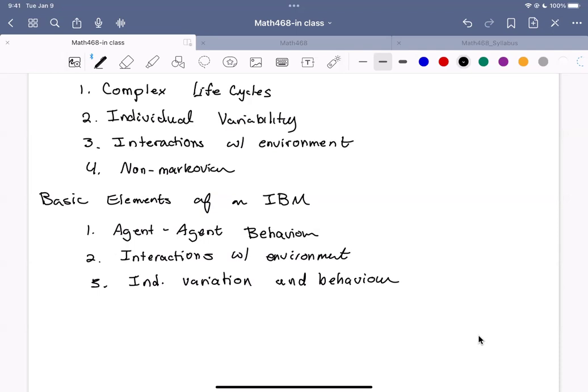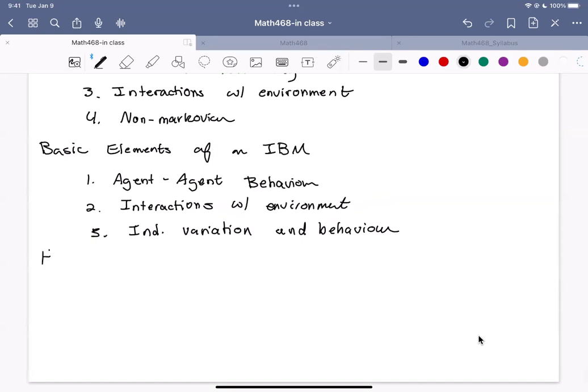And then we can think about how we would analyze a stochastic or an individual-based model. There are really two principles I want you to think about when it comes to analyzing an individual-based model.